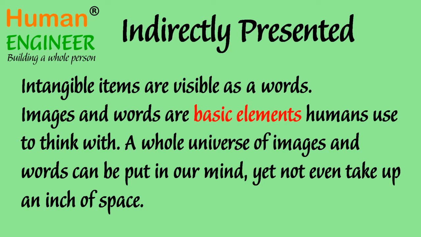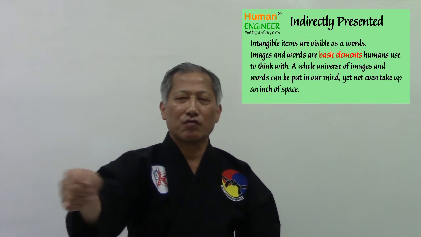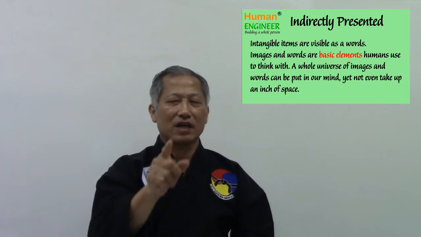In other words, images and words are the basic elements humans use to think with. The whole universe of images and words we can put in our mind, yet it does not even take up an inch of space in our mind. Wow, how amazing is this?